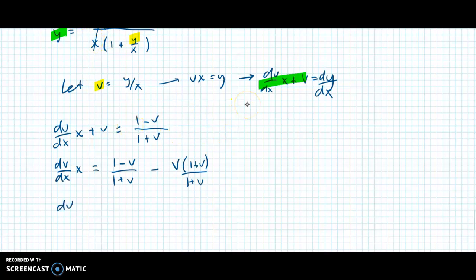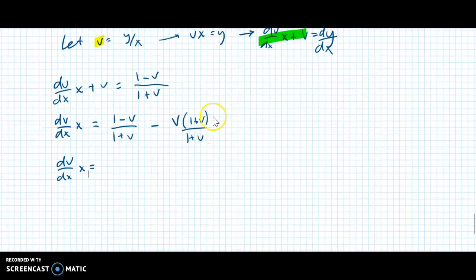And that gives me dv dx times x equals (1 minus v over 1 plus v) minus, I'll distribute that in. You know what I'm going to do? I'm going to write plus, and then I'm going to write minus v squared all over 1 plus v. Why did I do it that way?